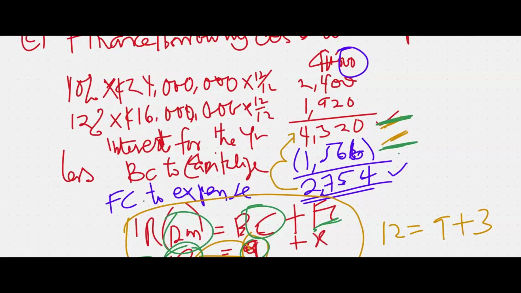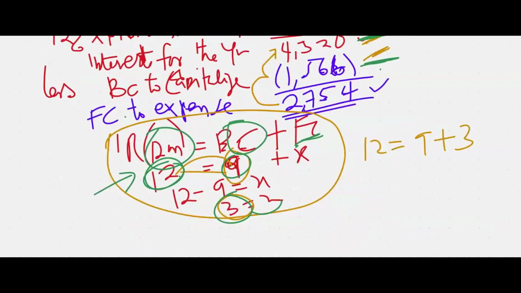The same concept. The borrowing cost is for only 9 months, don't forget, and the entire interest for the year is for 12 months. So how many months make up the finance cost? 3 months. So simply, if you know the total interest for the year, then we know the borrowing costs, because the borrowing costs added to the finance cost give us the total interest for the year.